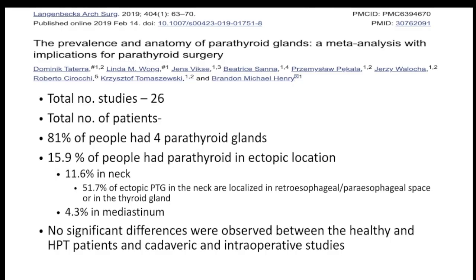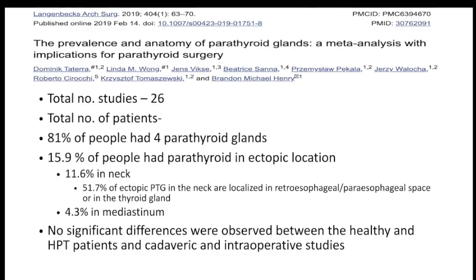About 15.9% of these patients had parathyroids in ectopic locations. 11.6% were in the neck, 51.7% of which were ectopics located in the paraesophageal space or within the thyroid gland, and 4.3% of the remaining 15.9% were located in the mediastinum.